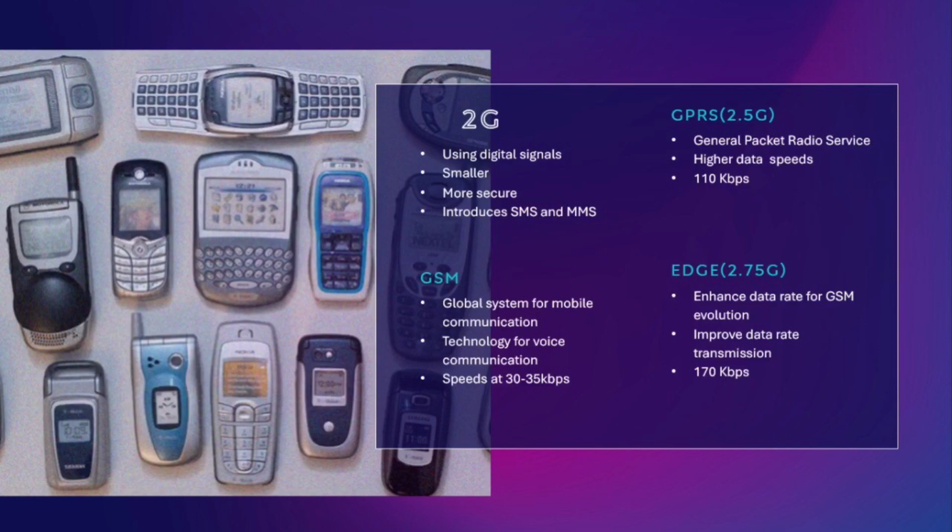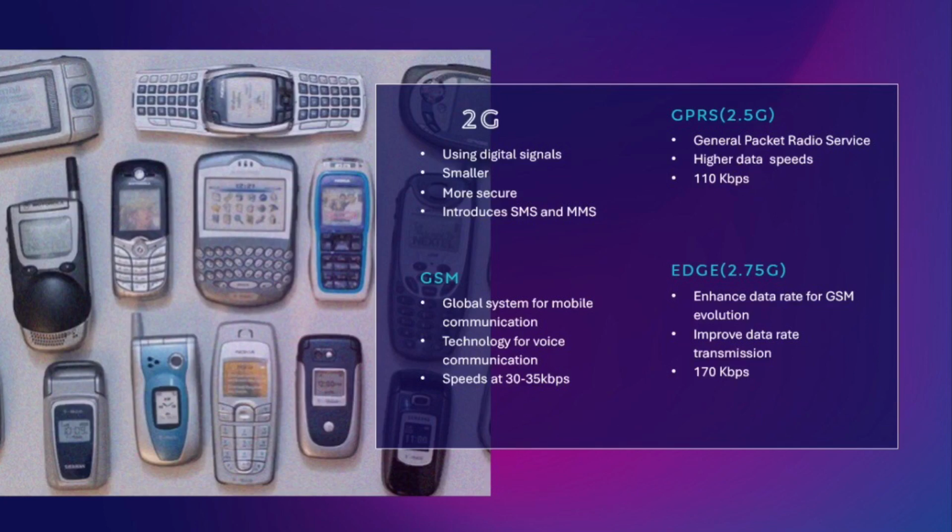First is GSM, short for Global System for Mobile Communication. It enables data transfer on top of voice communication at speeds of 30 to 35 kilobit per second. Next, we have 2.5G technology called GPRS, or General Packet Radio Service.